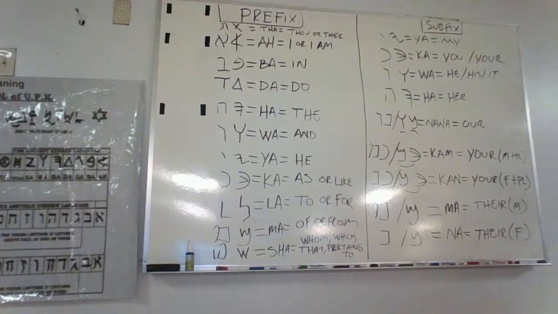Con as a word means yes. Con as a suffix at the end of the word is your, feminine plural. Ma as a suffix is their, masculine. Na as a suffix is their, feminine.